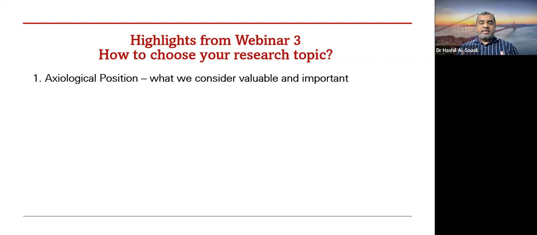That is contextual and culturally bound, because it depends on what you consider valuable, depending on your values, your beliefs, your culture, and so on. So usually we consider these issues when it comes to choosing research topics. So that's our axiological position or stance.